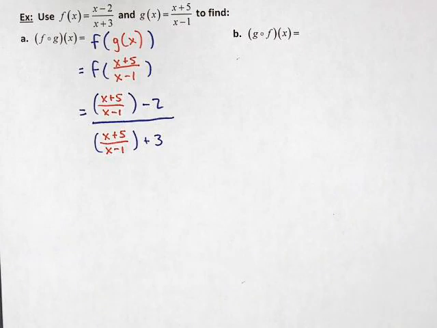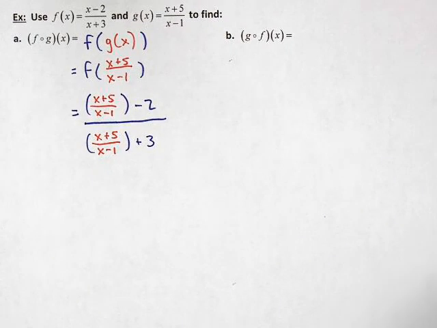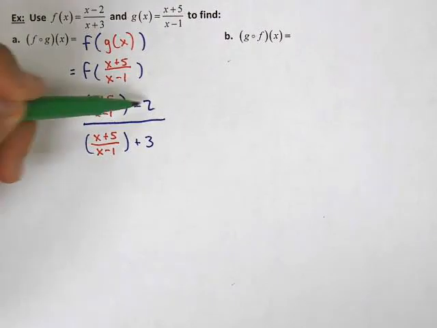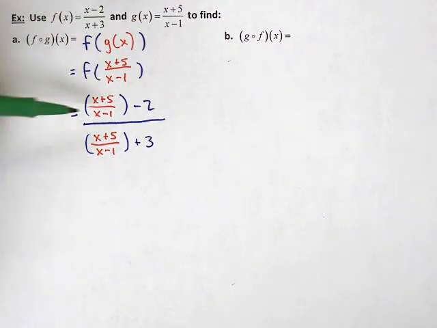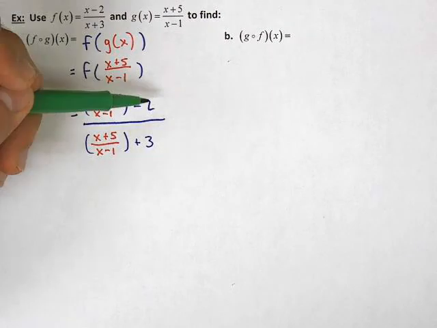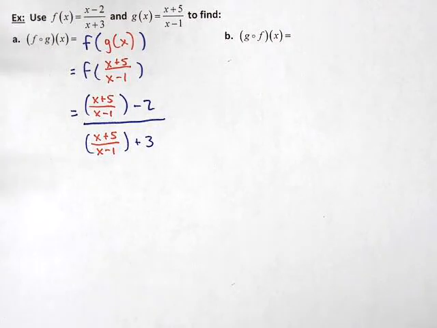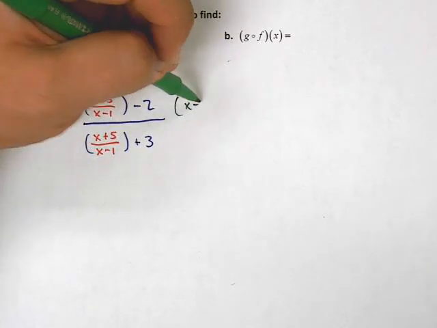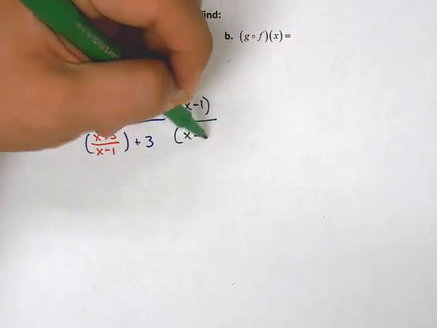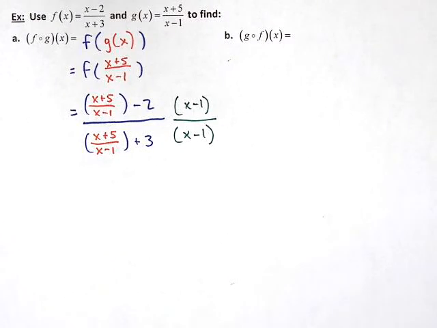At this point, guys, this is where that trick for simplifying complex fractions comes in handy. I have 4 pieces. I have a denominator of x minus 1, 1, x minus 1, 1. So my common denominator is x minus 1.